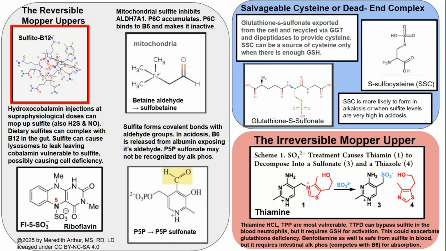For example, in Down syndrome, there would be too much hydrogen sulfide. And so that might be something that you would want to do. But it also would mop up nitric oxide, and it can remove cyanide too. But nitric oxide is a Goldilocks gasotransmitter. We need some, but we need to not have too much.